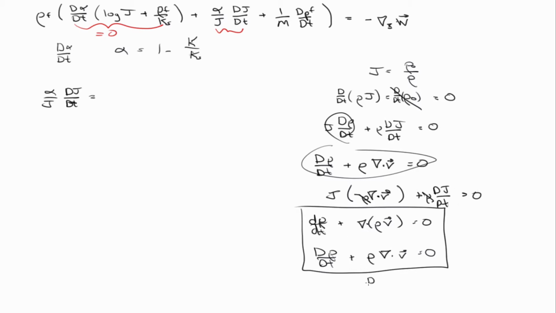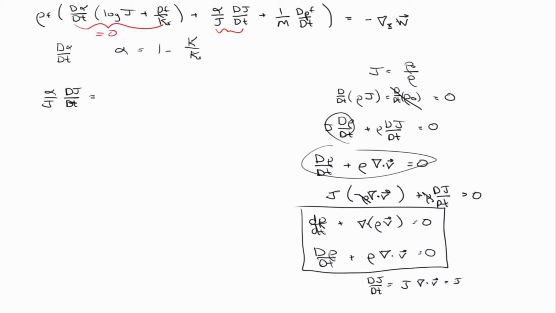So then we have DJ Dt, which is what we're looking for, is equal to J times the divergence of v. Well, let's write out what the divergence of v is.